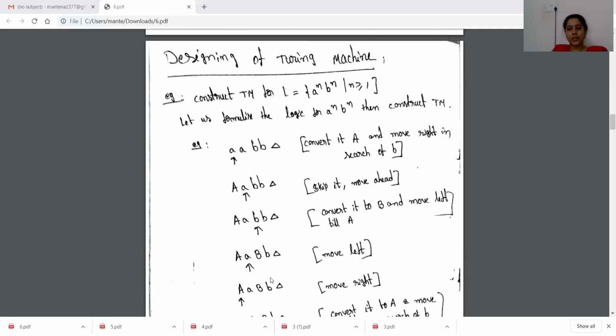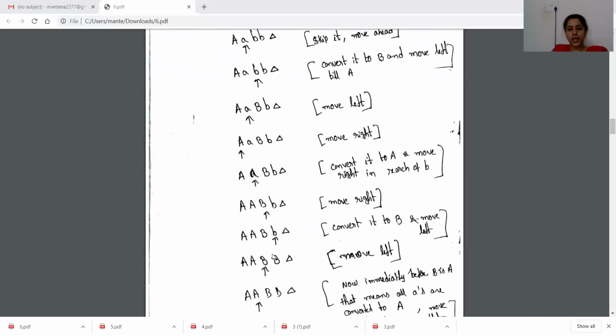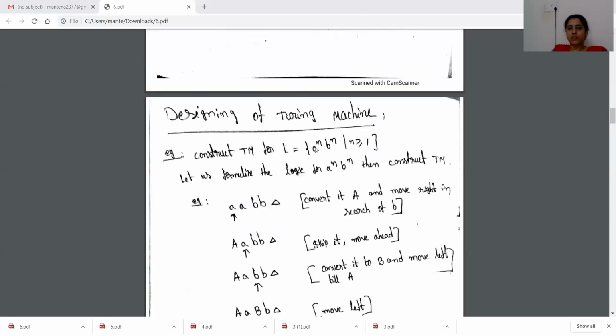Change that small b to capital B and so on. Why we are changing small a to capital A, next small b to capital B, and repeatedly doing the same thing is to balance the number of A's and B's. So in the given language, the number of A's must be equal to the number of B's.